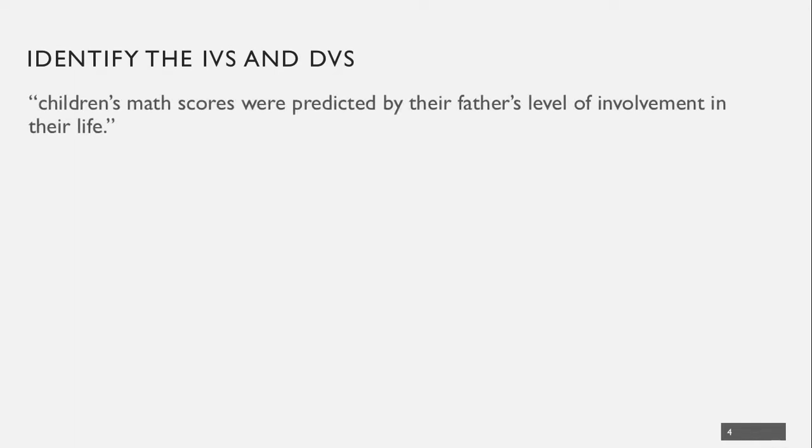So let's try and identify the independent variables and the dependent variables here. Children's math scores were predicted by their father's level of involvement in their life. I'm going to give you a few seconds, and I want you to try and figure out in your head which variable you think is the independent variable and which one you think is the dependent variable.